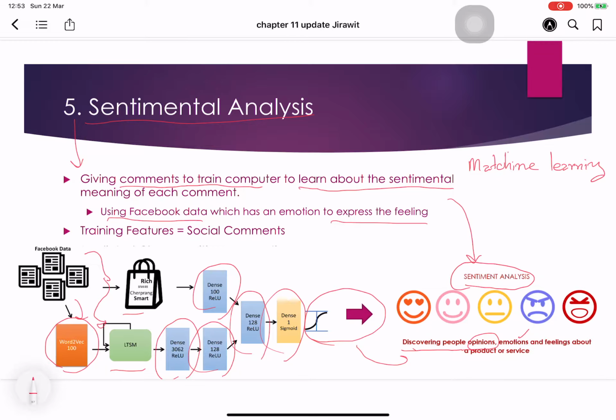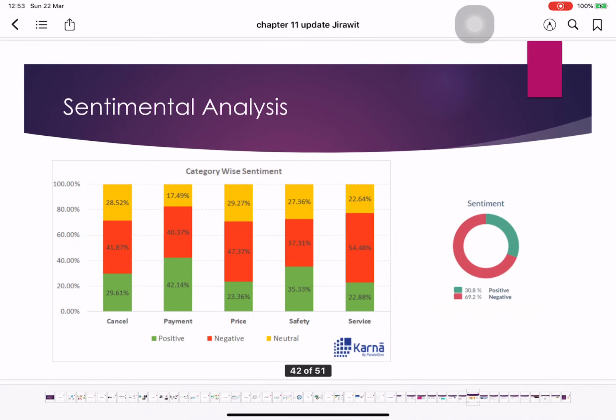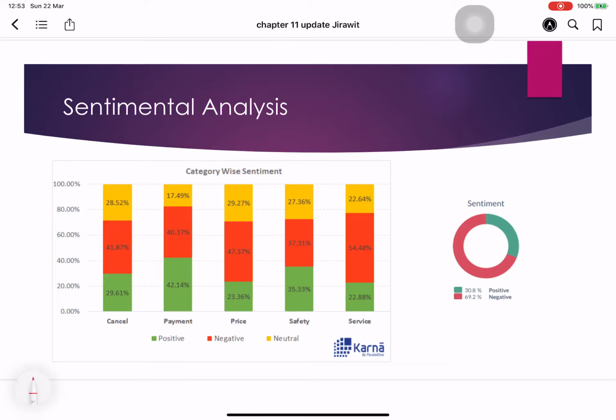But for WeChat, you can only post this way. But for Facebook, you have too many emotions on that. This is the result of the sentimental analysis.